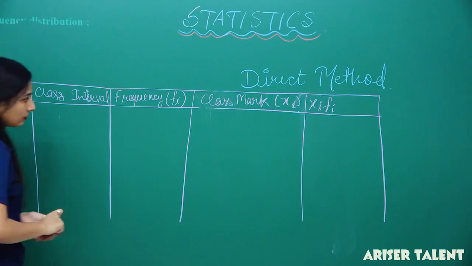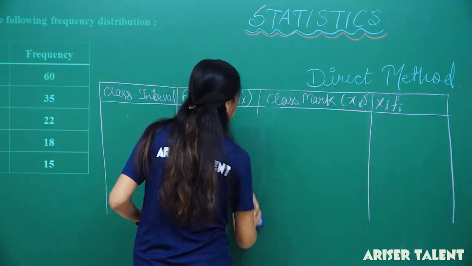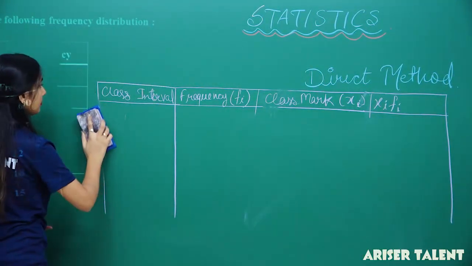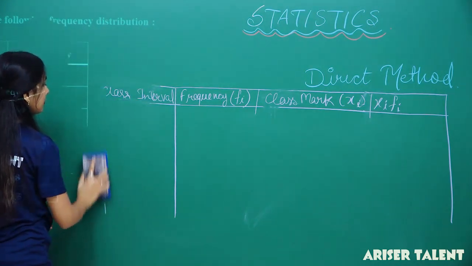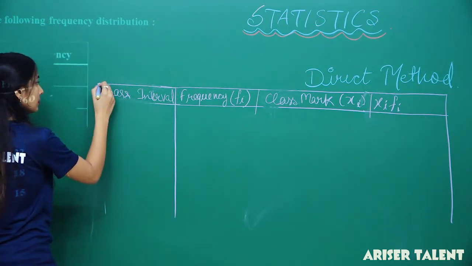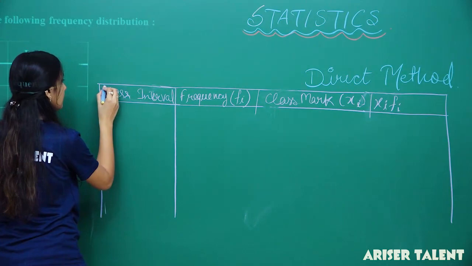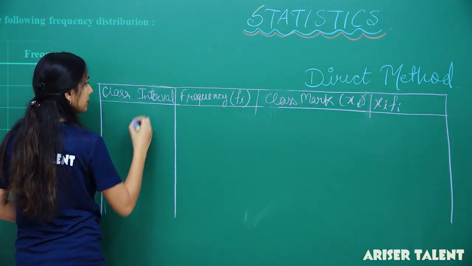Now, having these lines a little bit aligned, that's the class interval, right?